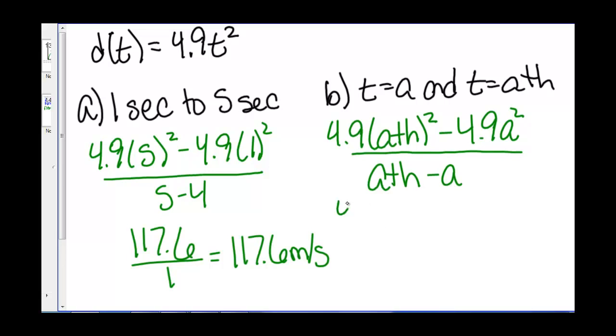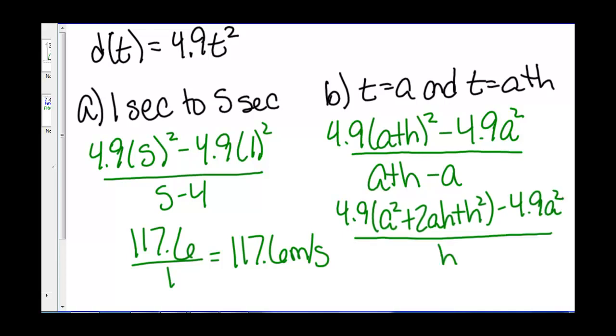So that's 4.9 times, when we multiply out a plus h, we get a squared plus 2ah plus h squared. You can verify that on your own. Minus 4.9a squared.